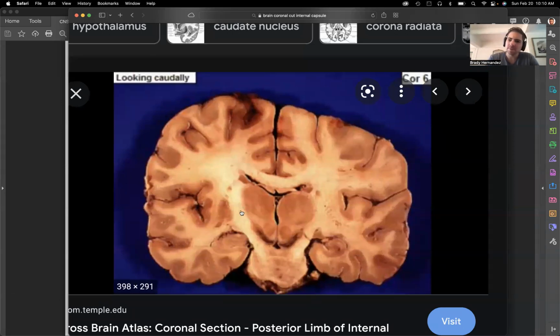This internal capsule is a white matter track that connects the primary sensory and primary motor cortex down to the body. Now, once you get to the base of the brainstem, it would cross. So internal capsule is a good guess there. Now, if they tell you specifically that it is a sensory loss or a motor loss to that side, then maybe you can go a little bit higher up and go to the sensory and motor cortex, right?